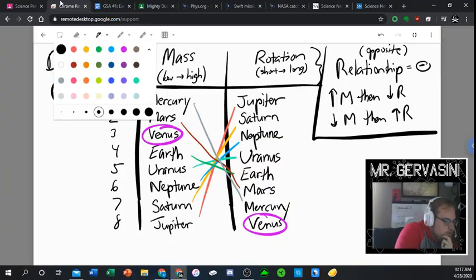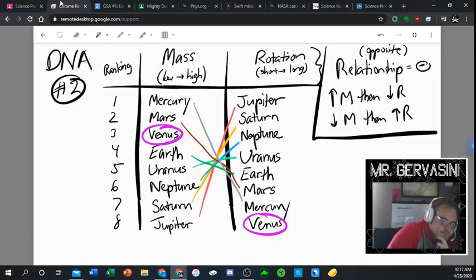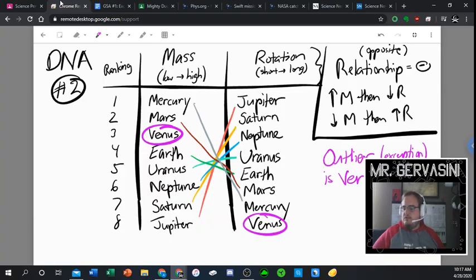Alright. Well then, how about the outlier? How about Venus? Any reason why Venus doesn't follow this rule? Anybody who did Venus? Anybody who's familiar with Venus?